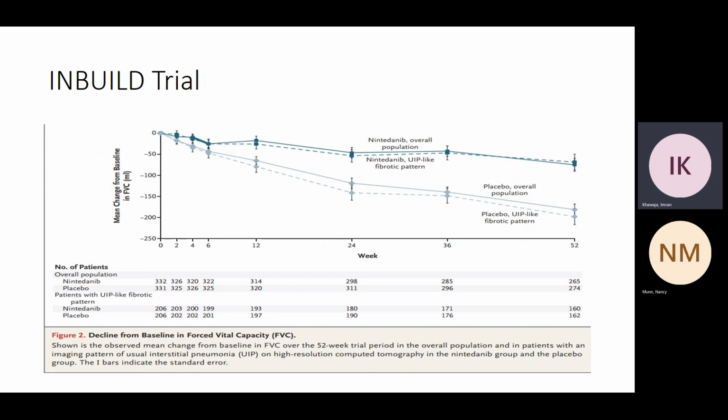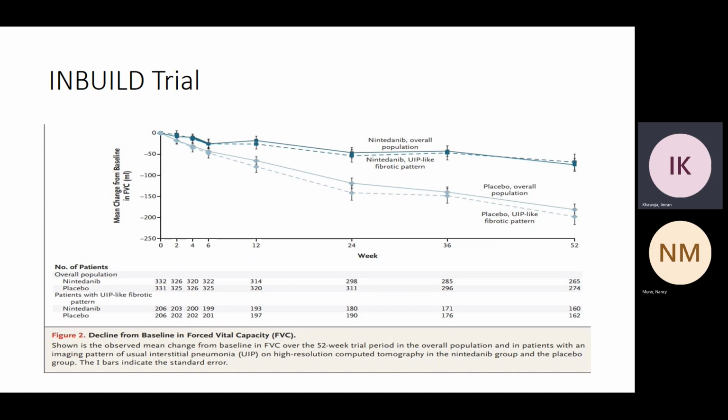The result is this: in patients with progressive lung disease using nintedanib, whether they have a UIP pattern or not, the reduction in the value of FVC is significantly decreased.